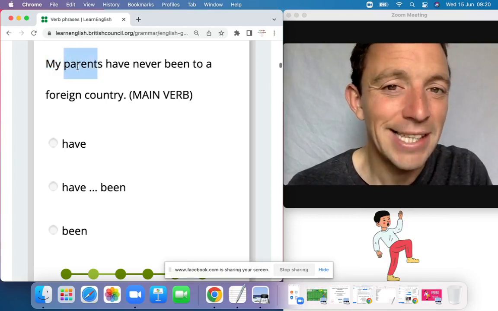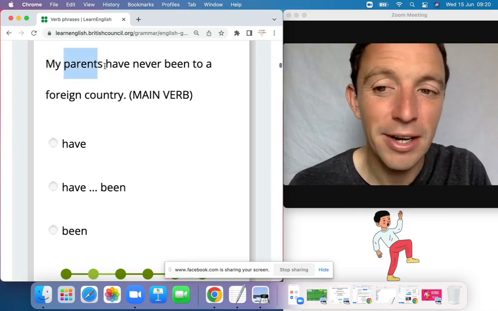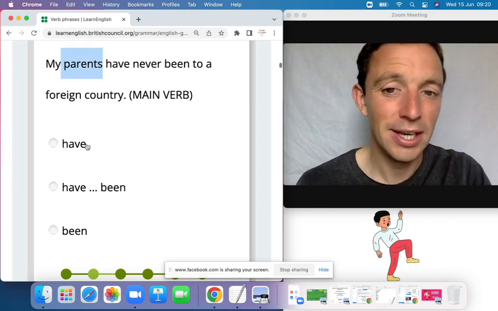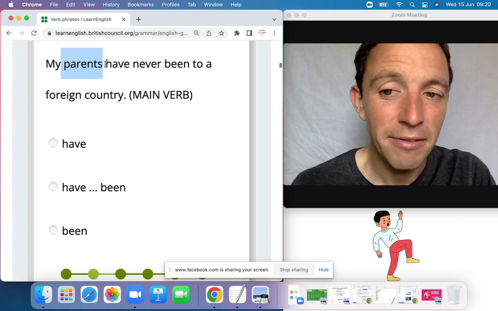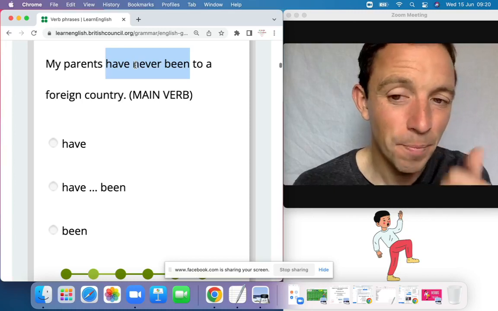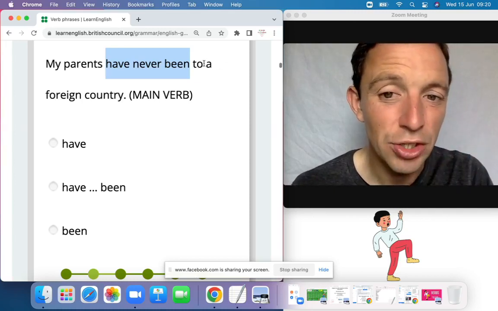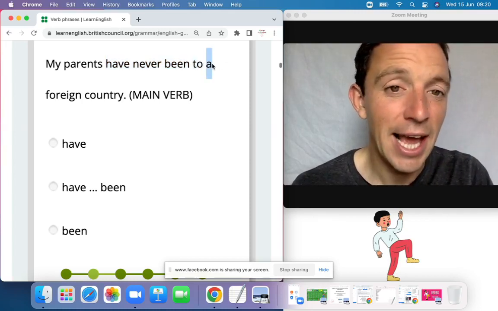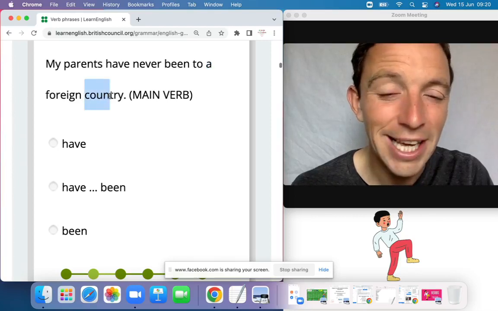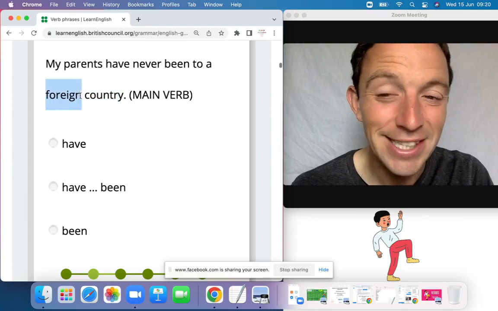Parent is the noun, singular. Parents are the noun, plural, my parents. Here we have the verb to have plus the verb to be plus the adverb never. Okay, preposition to, a is an article, indefinite article. Country is the noun, foreign is the adjective.